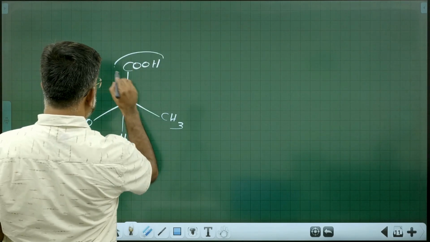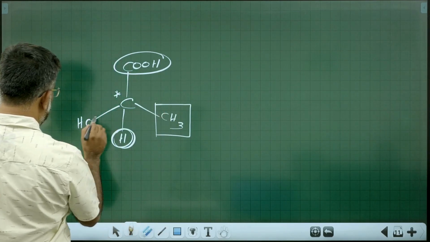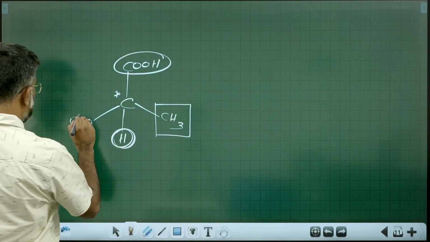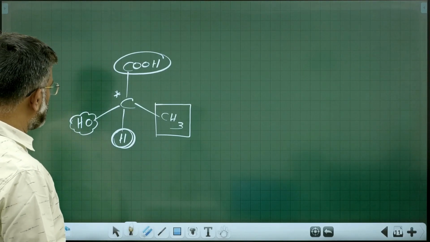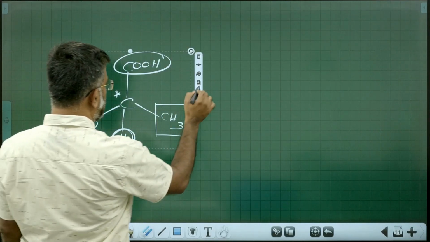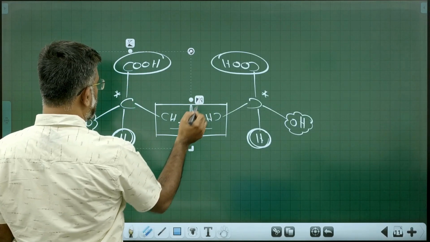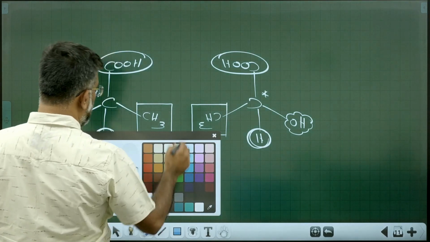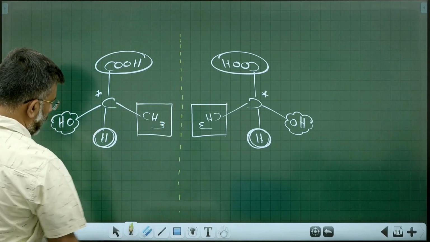You can see this is A, this is B, this is C, and this is D: 4 different atoms or groups. It will have a non-superimposable mirror image. The 2 molecules make a non-superimposable mirror image, and they are called enantiomers.